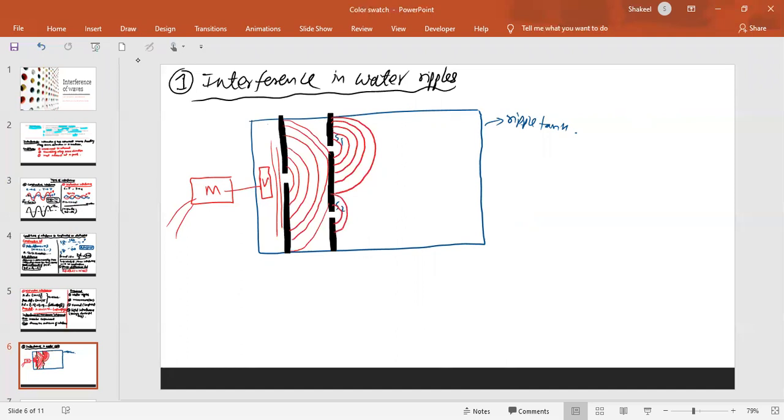The coherent waves will be produced from here, and these waves are going to interact with each other like this. As the waves move forward, they keep interacting with each other, right?